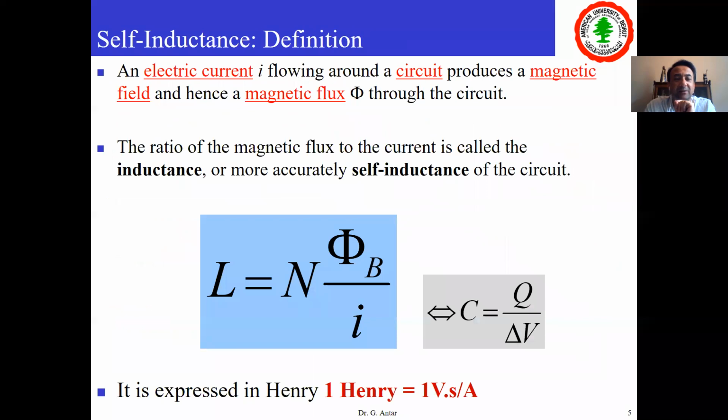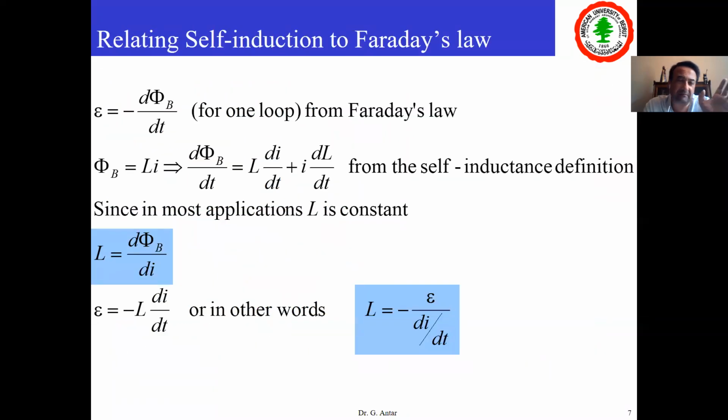So I can put an inductor in my circuit, I can determine its value, but it's going to play a role, it's going to exist in a circuit, only when I have time variation.